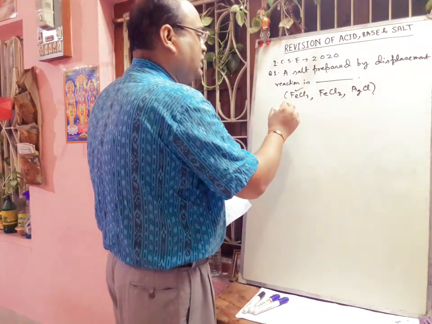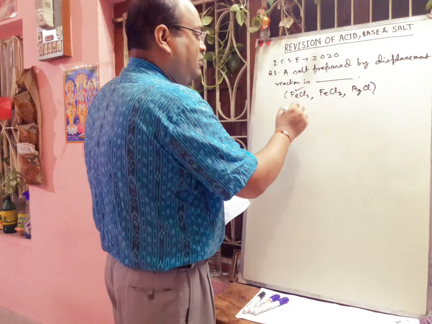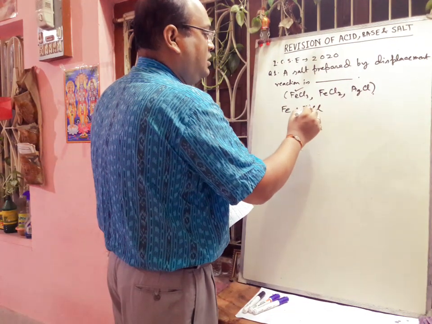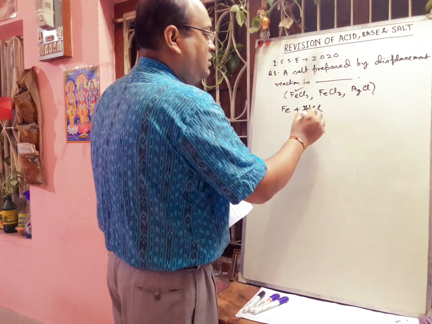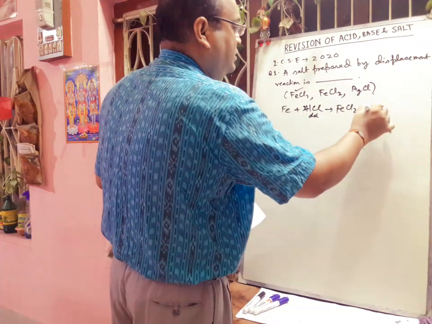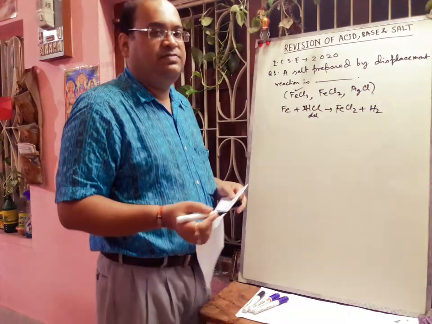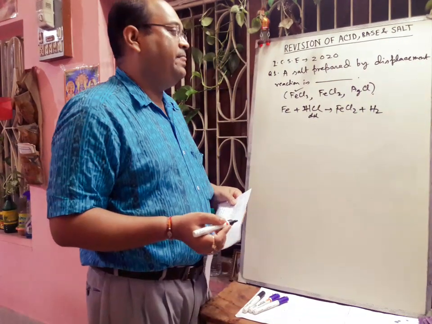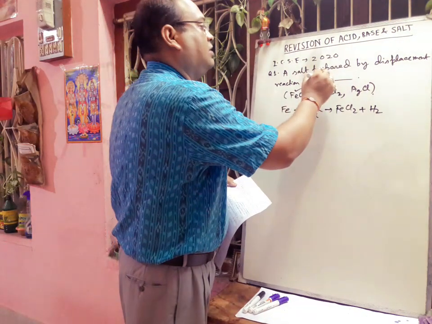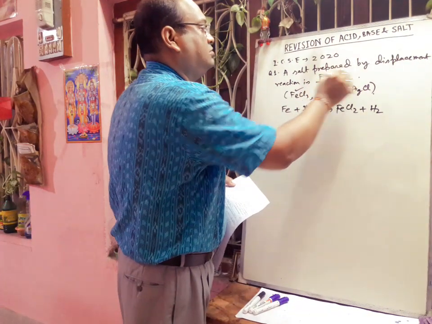Here, iron will react with dilute HCl, forming ferrous chloride plus hydrogen gas. So this is a simple displacement reaction, and the answer is ferrous chloride, FeCl2.